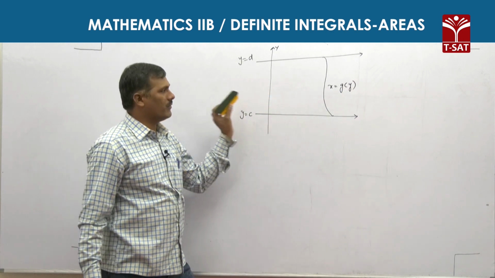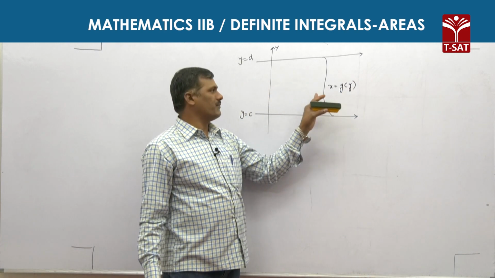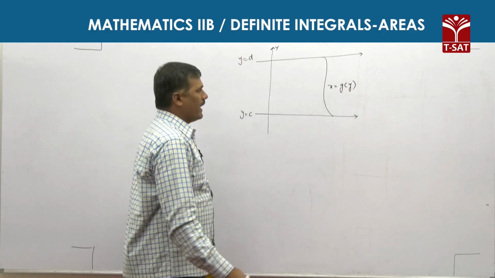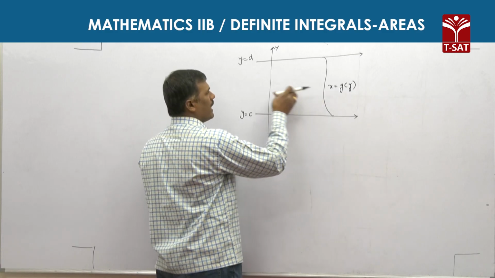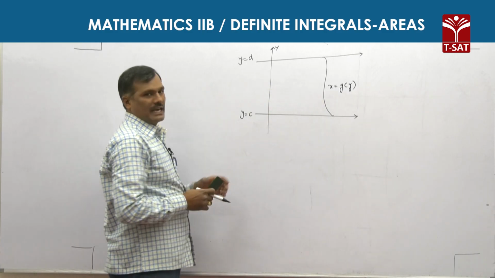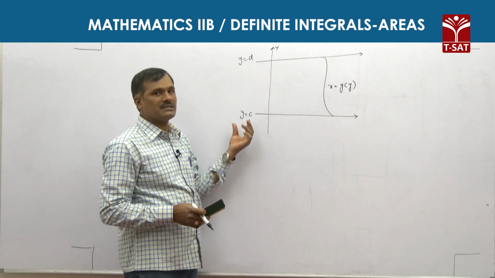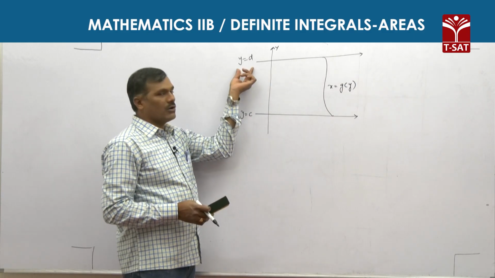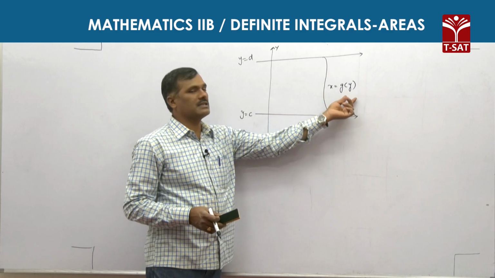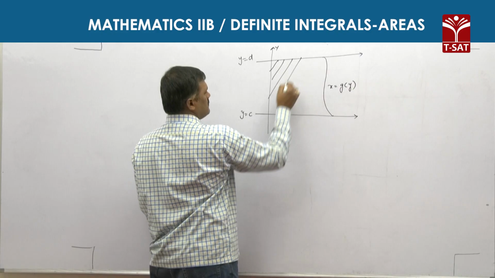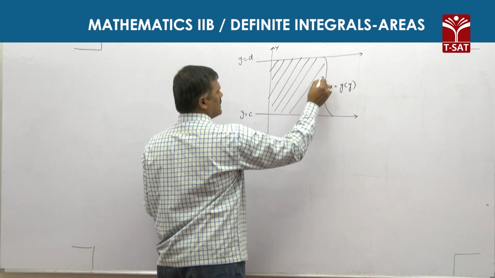Previously, y is equal to f of x was a curve, where y is a function in the variable x. Here x is a function in the variable y. To find the area with the y-axis and the lines y is equal to c, y is equal to d, bounded by the curve x is equal to g of y, it is the required area.